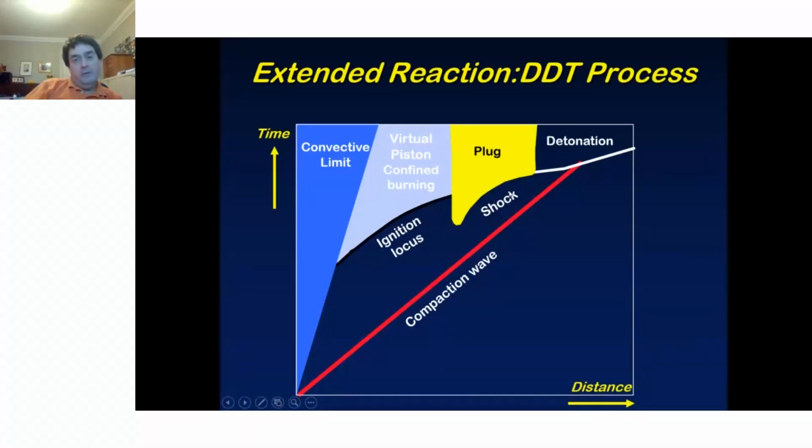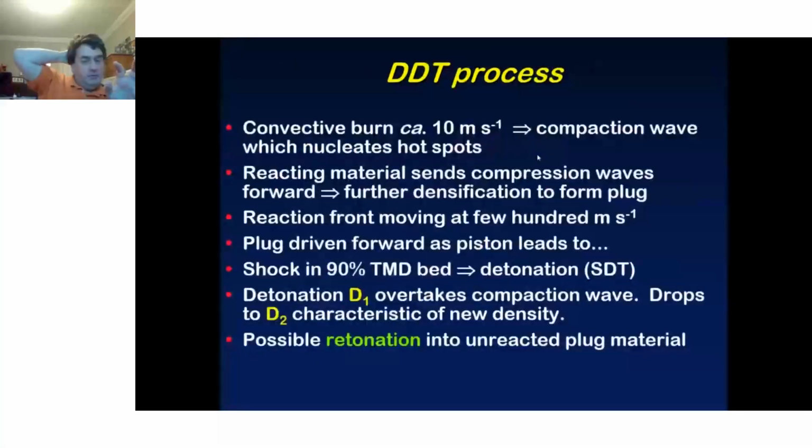And on the front of that plug, you have a lot of hotspots formed very quickly, and that leads to effectively a shock to detonation process. So that is an example of hotspot formation and deflagration to detonation transition inside a granular bed of material. That is the general description I talk about here.